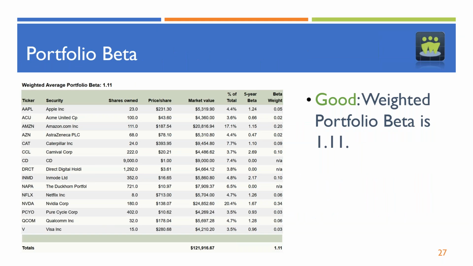And then the portfolio beta comes in at 1.11. Again, there are some securities here where the beta can't be calculated, but that 1.11 level is right in line with my loose target of 1.1. So that means this portfolio's got the oomph, the horsepower to outperform the market based on the historical tendencies of these particular companies.